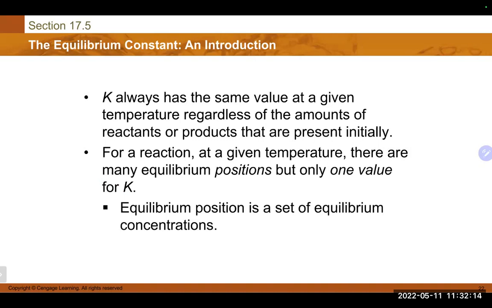So K has always the same given value for the temperature, regardless, as I was talking about, of the amounts of reactants or products that you start with. So as long as that temperature remains constant, you could do the same reaction with various amounts of reactants and products. And if you calculate the equilibrium constant value for it, it will come out the same for all of them, regardless of what you started with in each reaction.